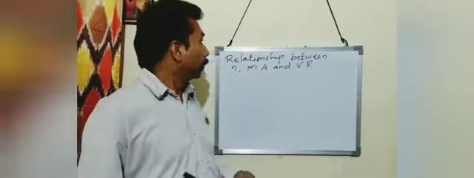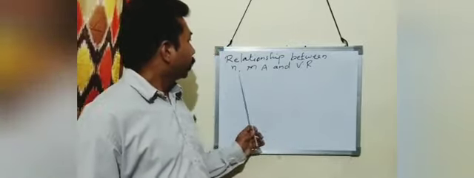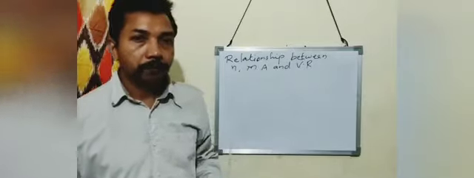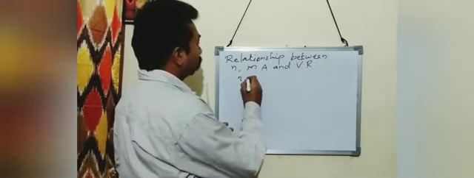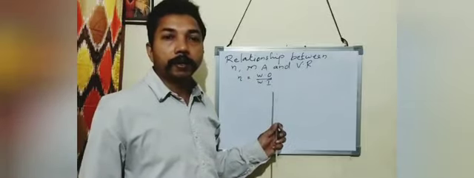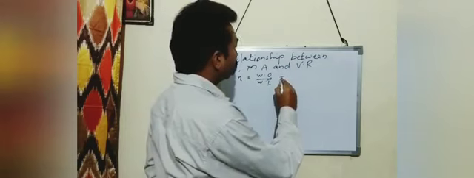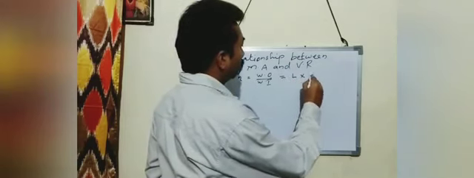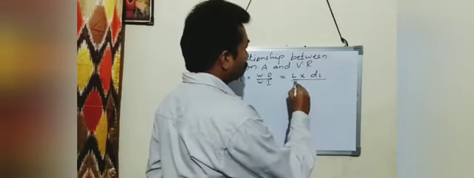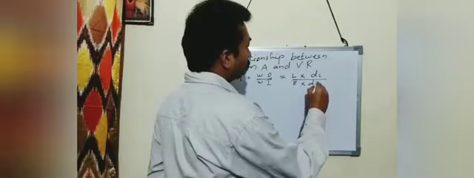Now we will see the relationship between efficiency, mechanical advantage and velocity ratio. Efficiency is equal to work output upon work input. Work output is equal to load into displacement of load, and work input is equal to effort into displacement of effort.